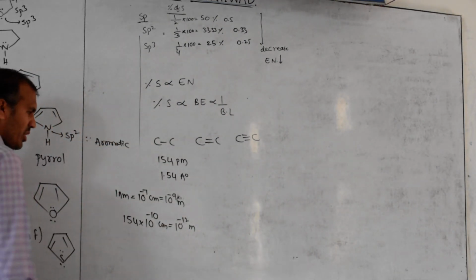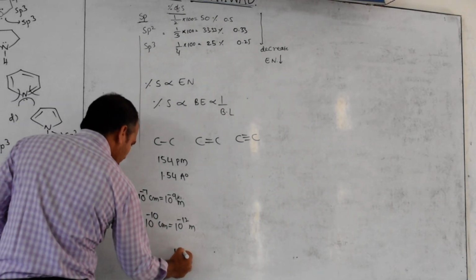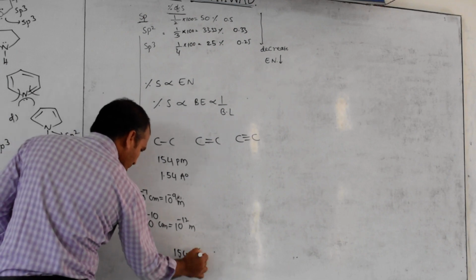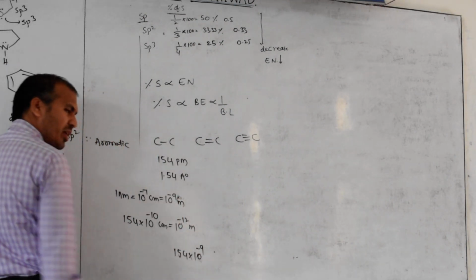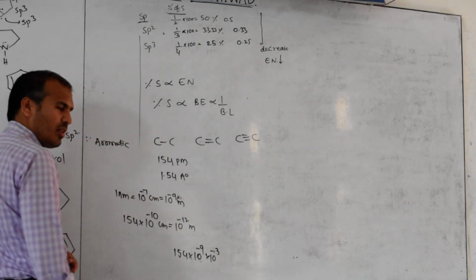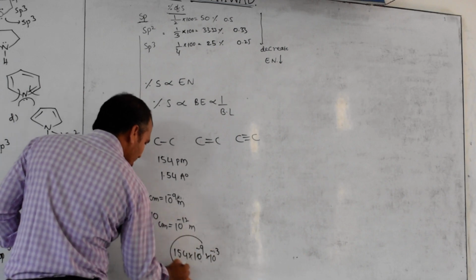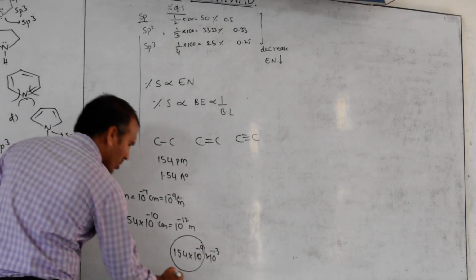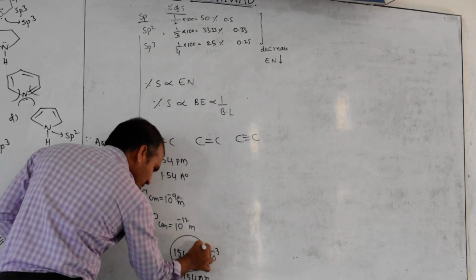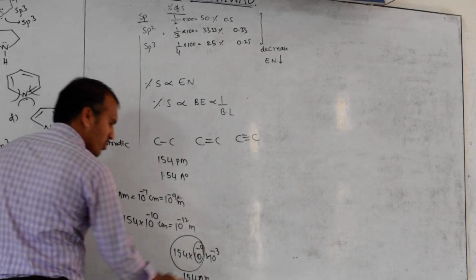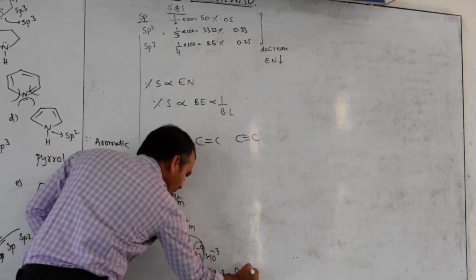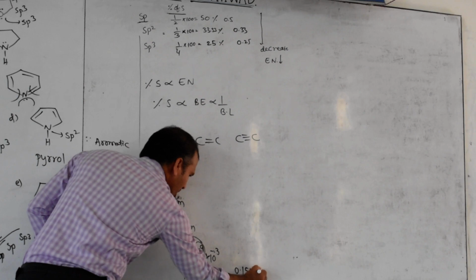If you want to convert it to meter, we can write 154 into 10 power minus 12 meter, which is 154 into 10 power minus 3 nanometer. So 154 picometer is 0.154 nanometer.